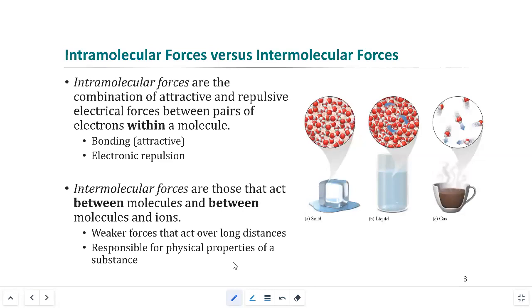These intermolecular forces are the ones that are going to ultimately be responsible for a lot of the physical properties. Things like melting point, boiling point, other properties that you'll see discussed, vapor pressure, viscosity, ability to dissolve in water.